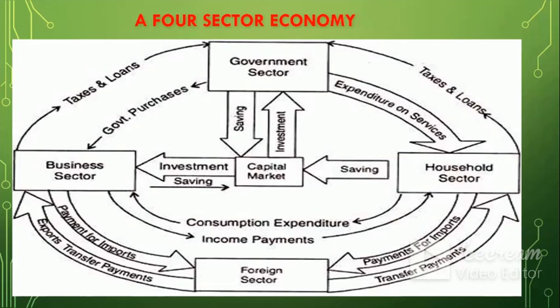Leakages are payments made to foreigners for the purchase of goods and services. So if it is a government who purchases goods or services outside our country, it means it is already a leakage.